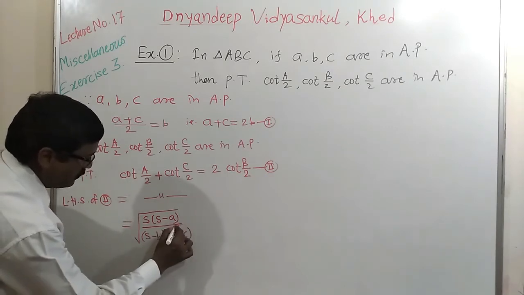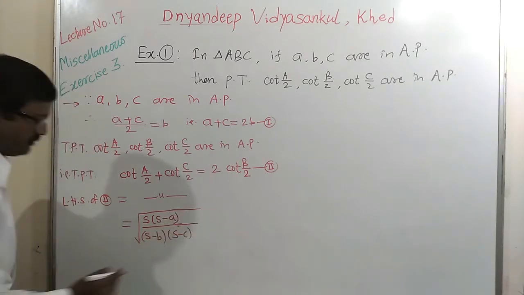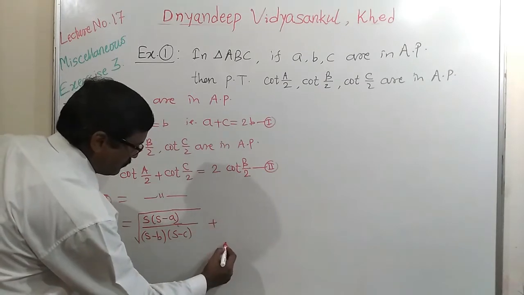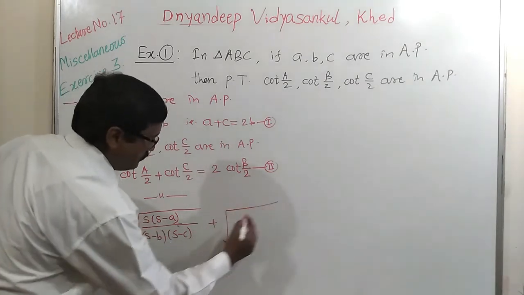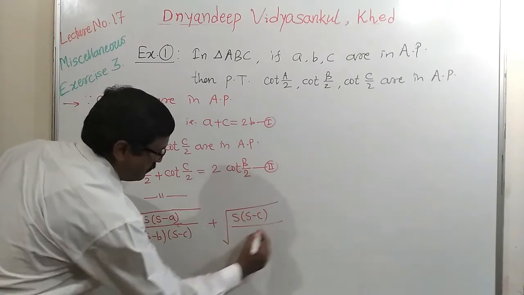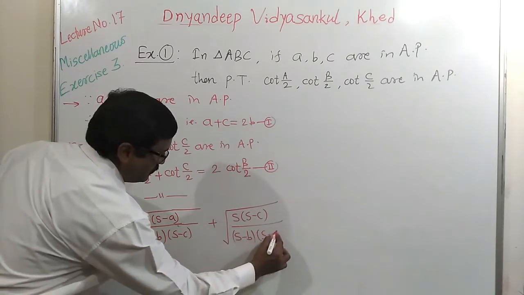This is the formula for cot A by 2. Then for cot C by 2 we have the formula under root S into S minus c upon S minus b into S minus a.